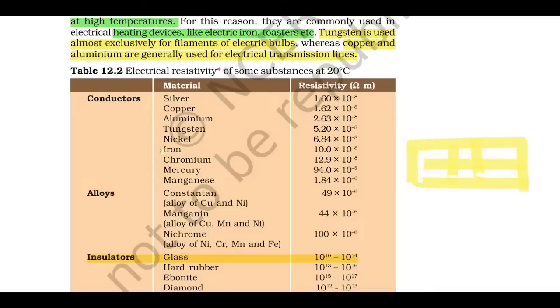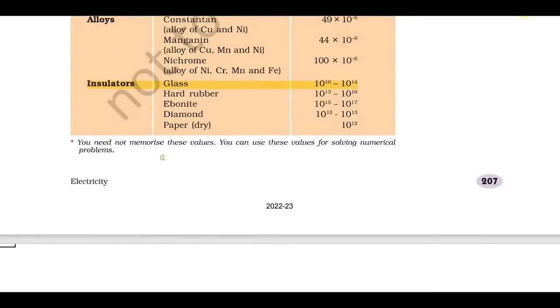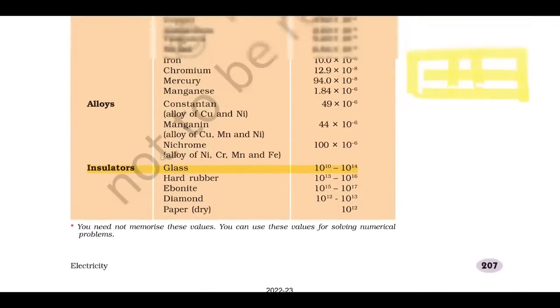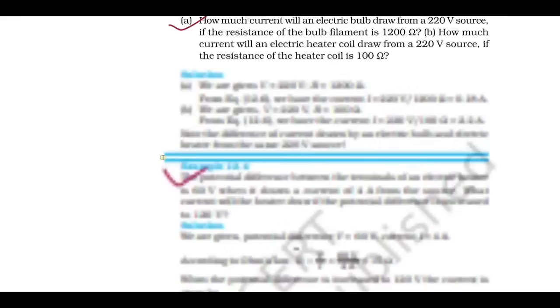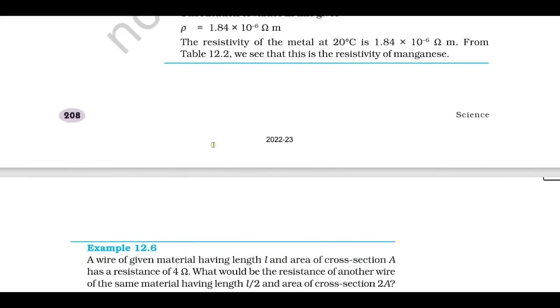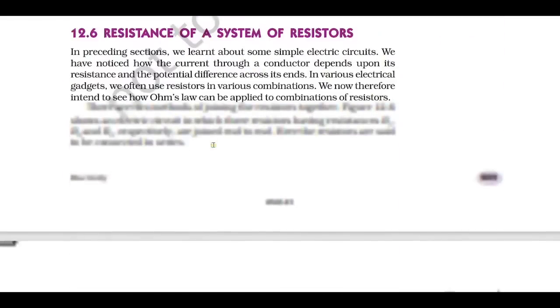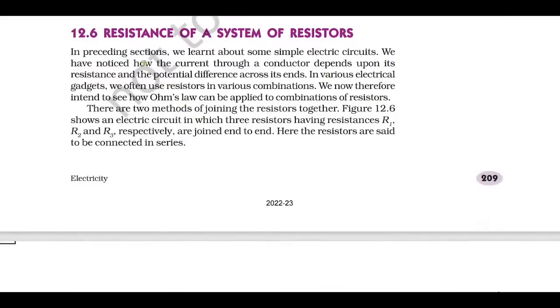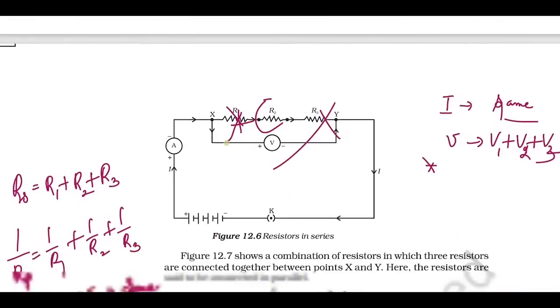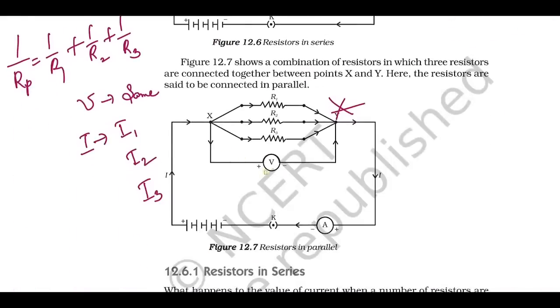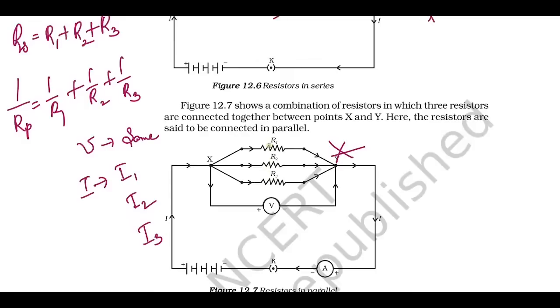If the resistivity is less, the conductivity is more. And the problems on resistance of a system of resistors in series and resistors in parallel. Which is more advantageous in a domestic circuit? The parallel circuit is more advantageous than the series connection.